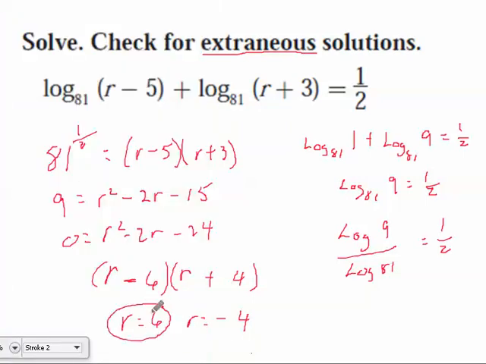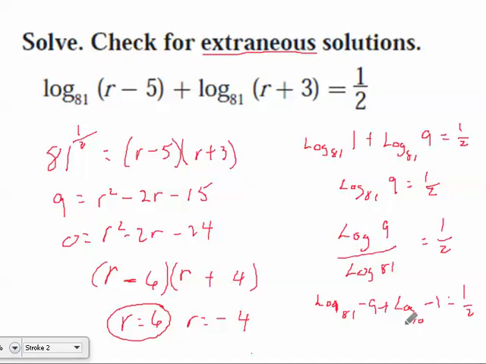Okay? So I want to go and check the other one. So that's going to be log base 81, and negative 4 minus 5 is a negative 9. And then plus log base 81 of, let's see here, negative 4 plus 3, that's negative 1, equals 1/2.